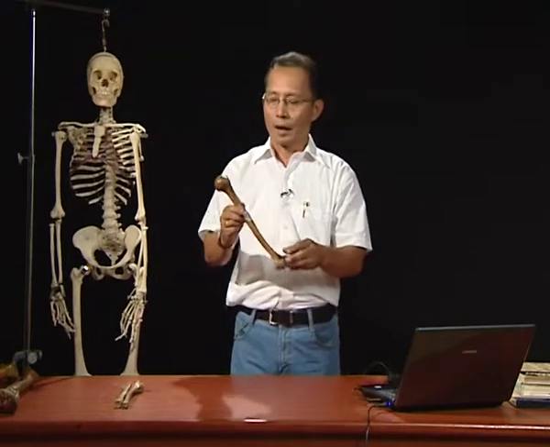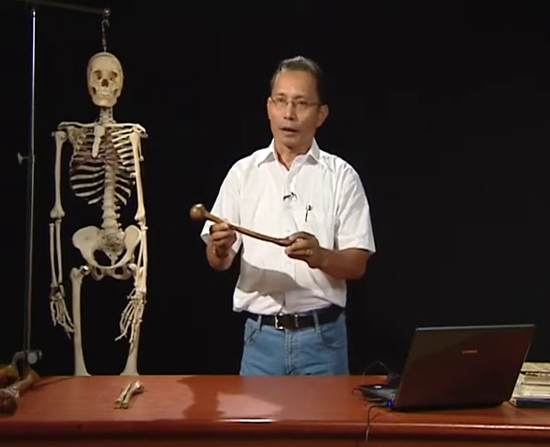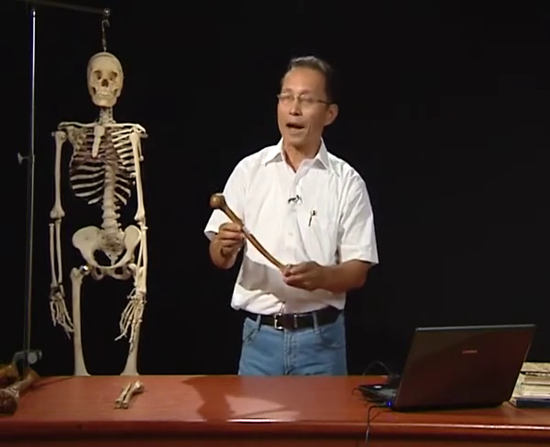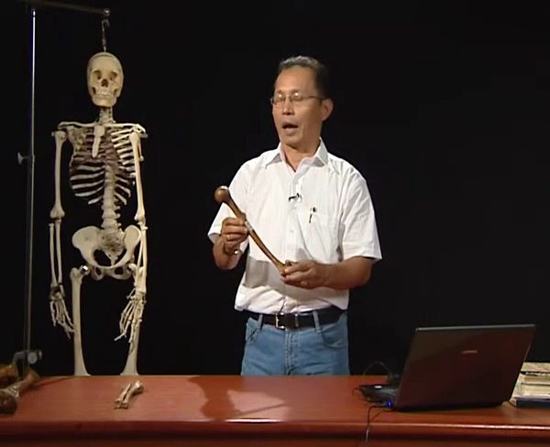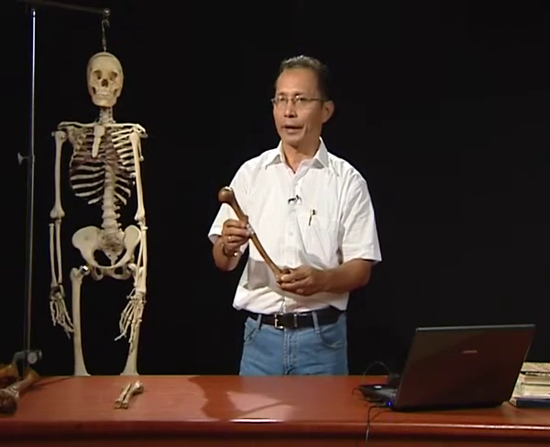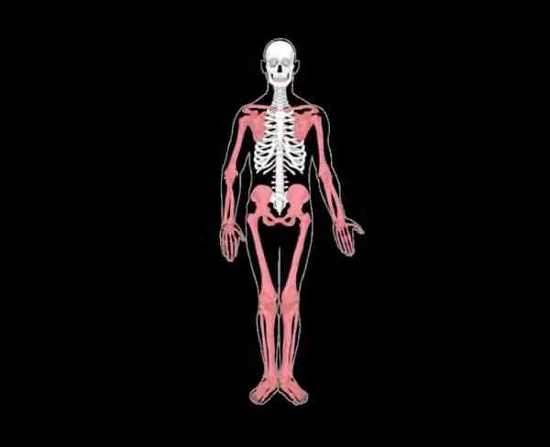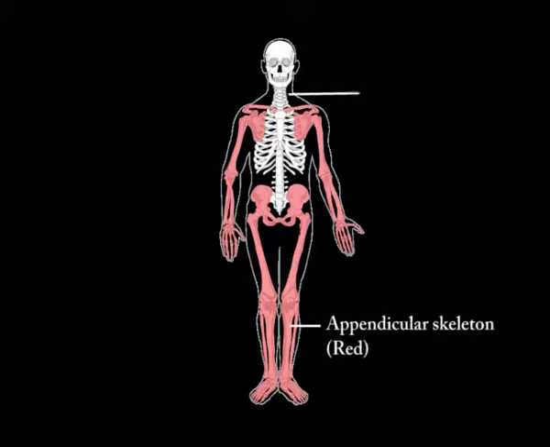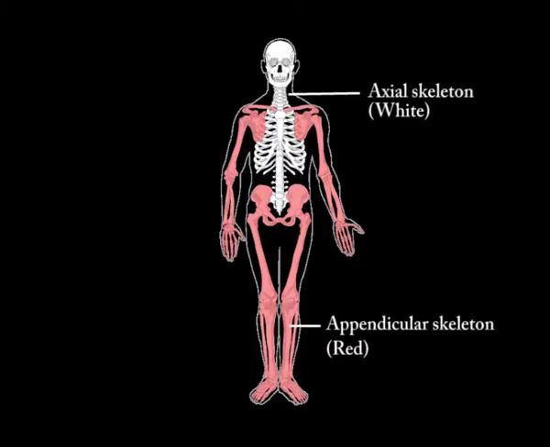Now, coming to what part of the skeleton: I am sure you are aware the human skeleton has two important parts. One is the appendicular part of the skeleton and the other is the axial part of the skeleton.